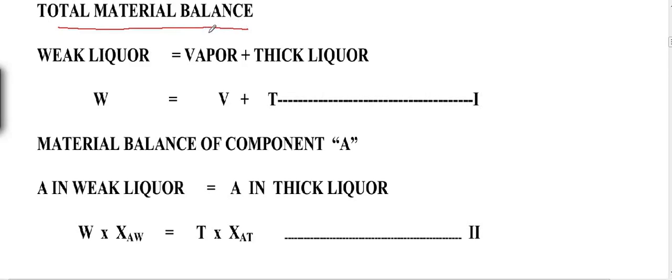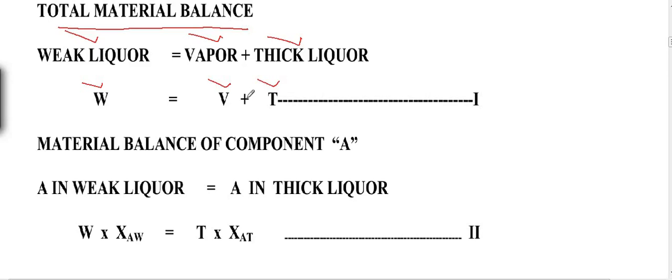When you see this block diagram, there is only one input, weak liquor, and there are two outputs, one is vapor and the second is thick liquor. So we get the first material balance equation, the total material balance: W = V + T.